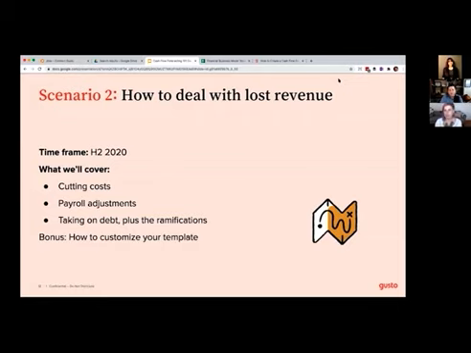Do I need to take a loan? This is where a model can actually come in really handy. So a lot of the customization goes with that: how do we change this model to fit our specific business, and also if things change. So let's go ahead and play around with it, and I'll do my best to answer the questions as they come in.